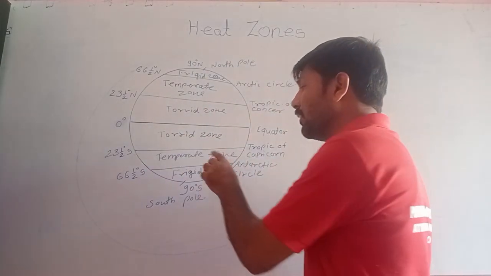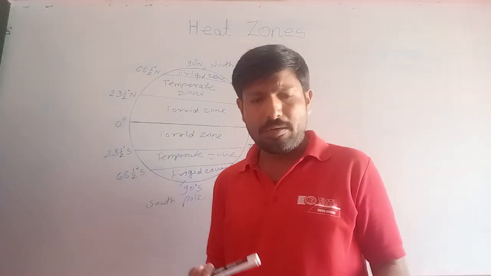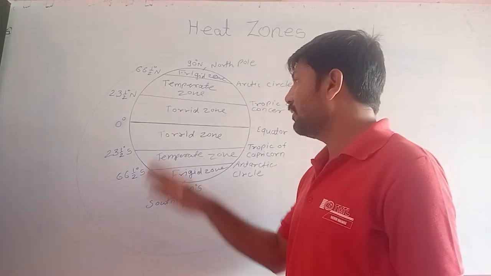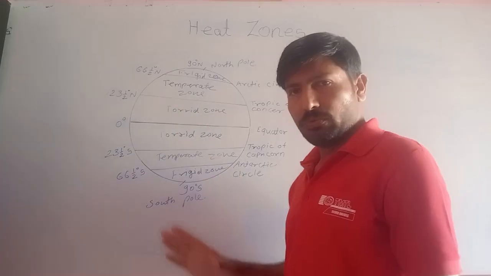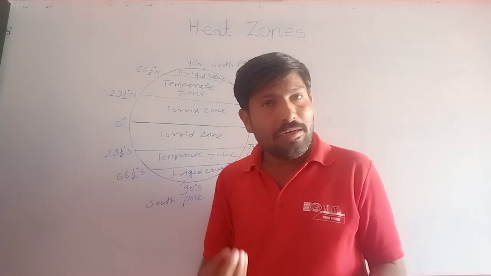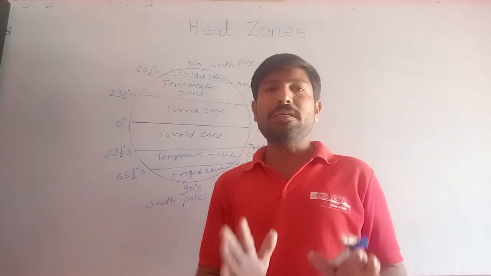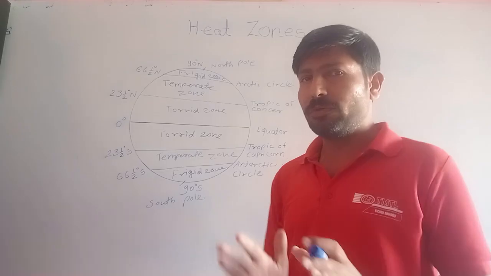Next, on the contrary, there are temperate zones. Temperate zones, as compared with the torrid zone, have fewer sun rays. Because of the fewer sun rays, less evaporation takes place there.